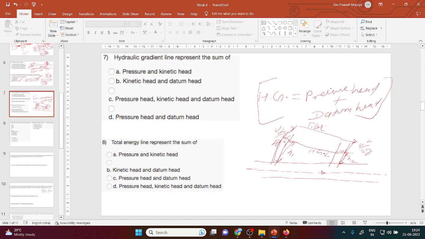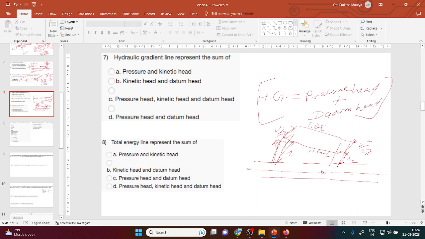So the conclusion is that for the hydraulic gradient line, only the pressure head and the datum head are considered. For the total energy line, the pressure head, datum head, and the velocity head are considered. So this is the very basic difference between both, and this is a very basic question in fluid mechanics.